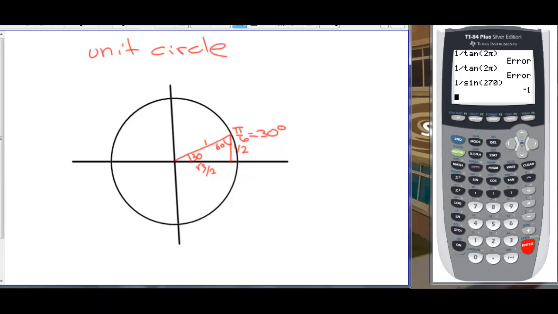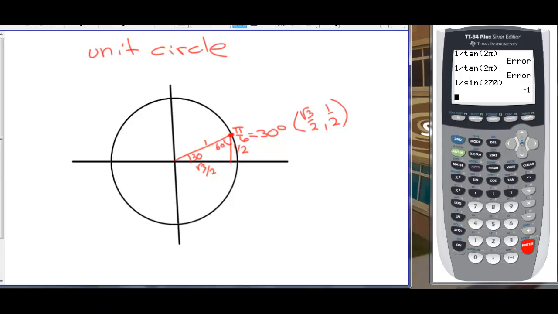There's a big so what right here. That point right there on the unit circle is the point square root of 3 over 2, 1/2. Follow the x. Square root of 3 over 2, 1/2, right? That's how you find points.